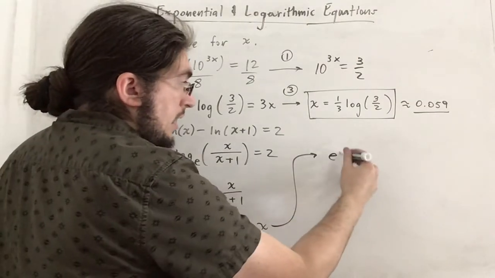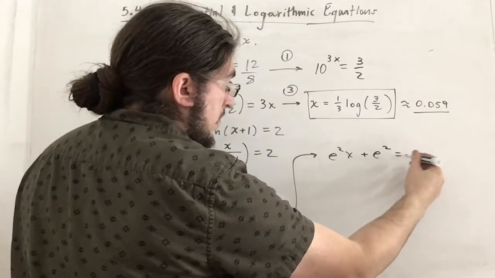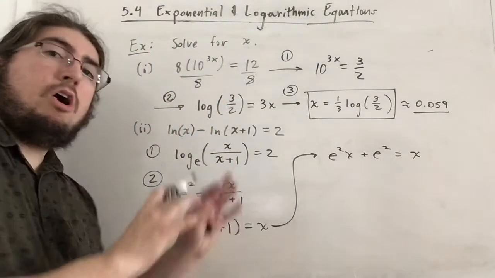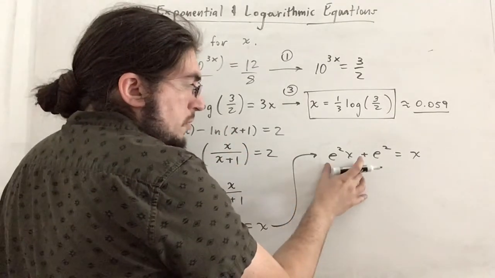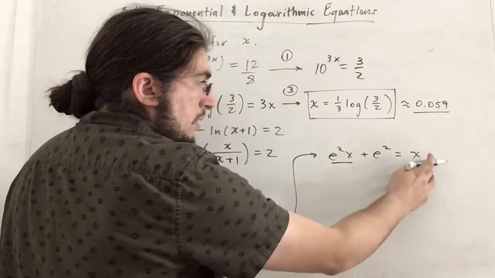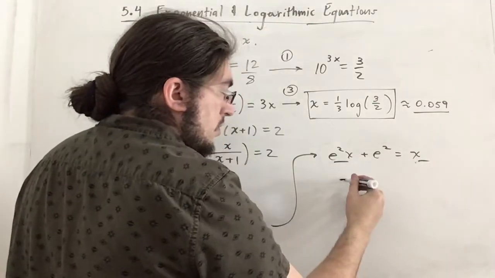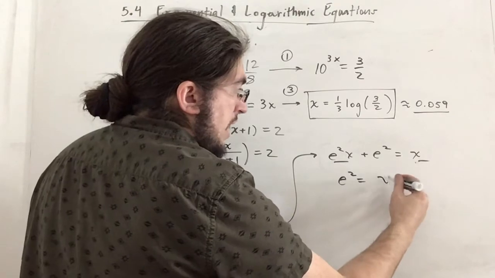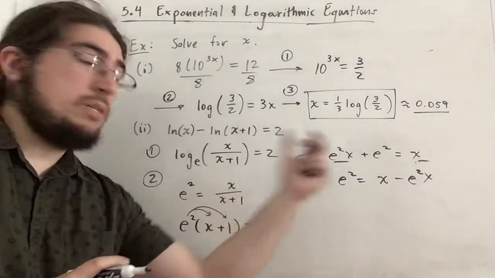So we get e squared x plus e squared equals x. I want to move all x's on one side and all non-x's on the other. So I'm going to subtract this x term to this side to combine with that x term. So let me just do that actually. So we have e squared equals x minus e squared x. Now I'm going to notice they both have x in common.